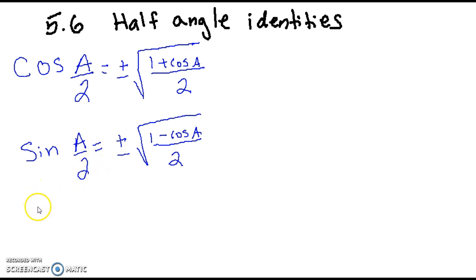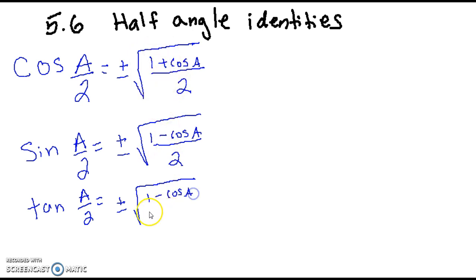Now, tangent is a little bit different. Tangent has 3 different ways that we can write it. The first way can be seen by taking the sine and dividing it by the cosine: plus or minus the radical of 1 minus the cosine of A all over 1 plus the cosine of A. For this half-angle identity, we do have to figure out whether the value should be positive or negative.